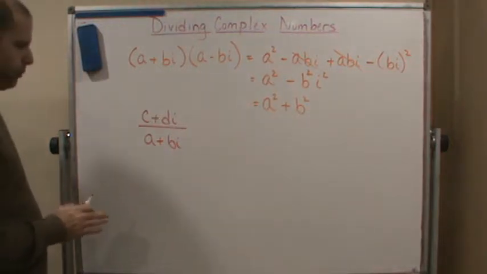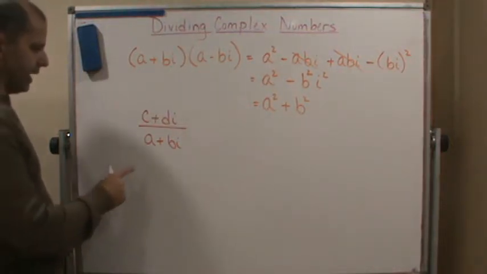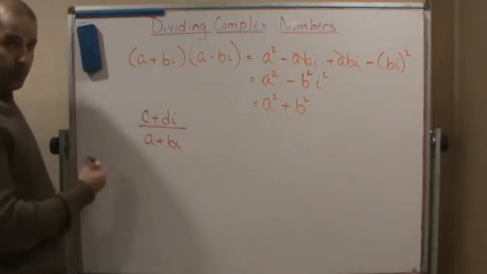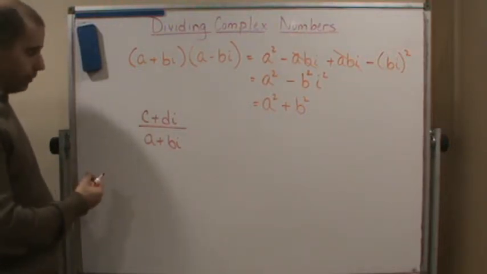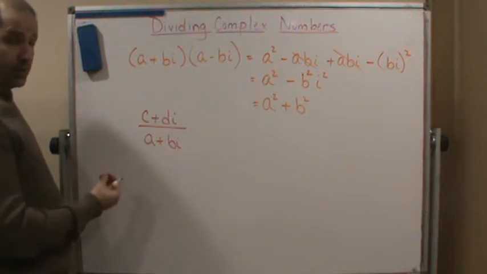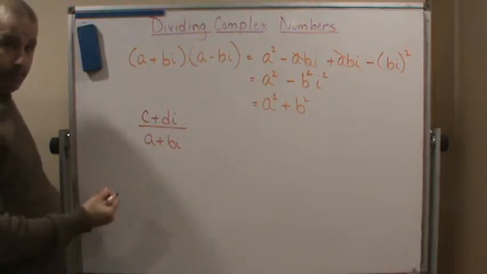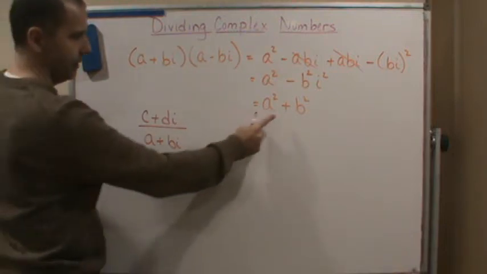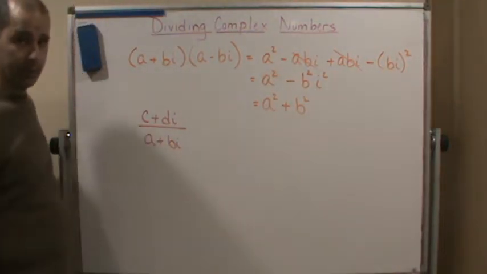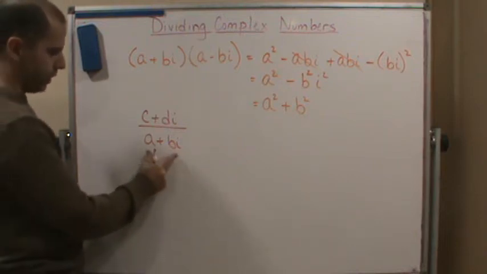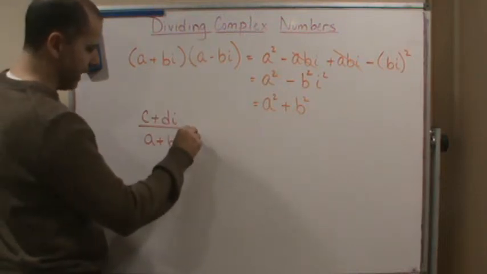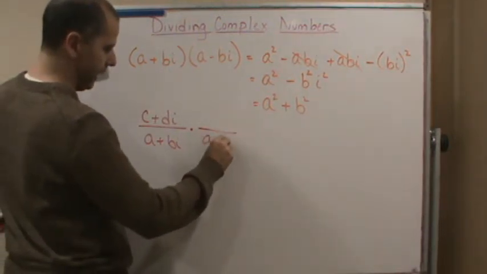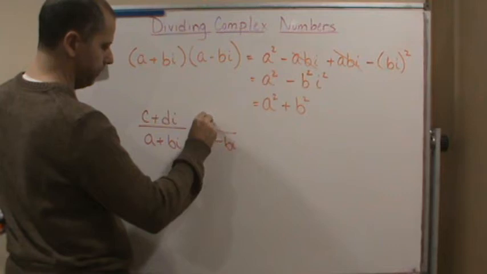Again, I can't have this complex number down here, so I'm going to get rid of it by multiplying the top and the bottom by the conjugate. Why? Because then I'll get a real number in the denominator. So I always want to multiply the top and the bottom by the conjugate of the bottom. So that means I'm going to multiply the top and the bottom by a minus bi.